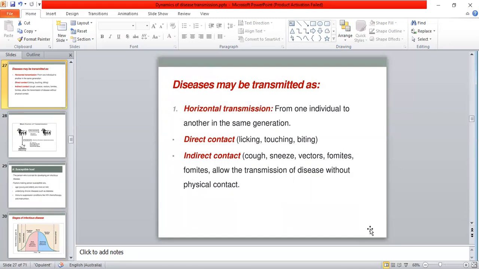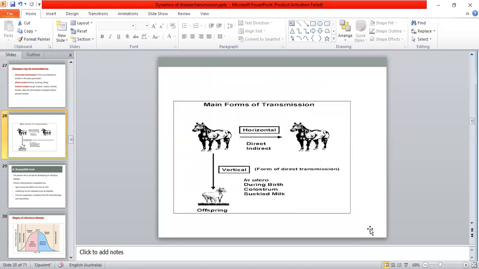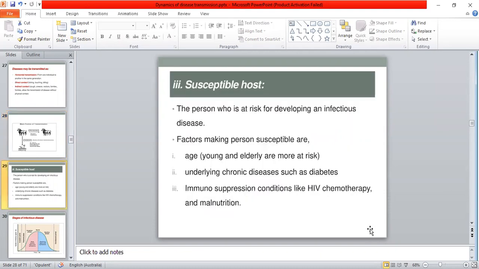Fomites allow the transmission of disease without physical contact. The main forms of transmission are vertical, that occurs from mother to child through the placenta or during birth or by colostrum or suckling milk. Horizontal transmission is either through direct or indirect means.